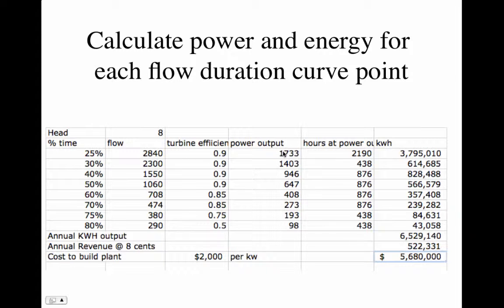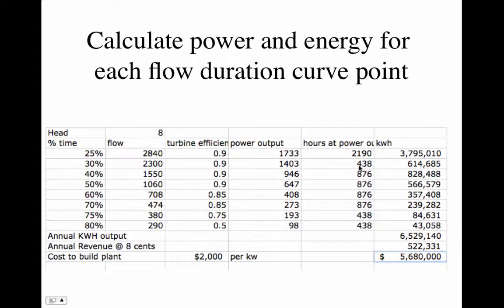So we know it's going to run 25% of the year, which is 8,760 hours in a year times, excuse me, 25% of that gives us 2190 hours. And so what's the kilowatt hours? It's going to be the output, 1733 kilowatts, times the hours, which gives us the kilowatt hours. So we're going to get almost 4 million kilowatt hours when it's running at full output.